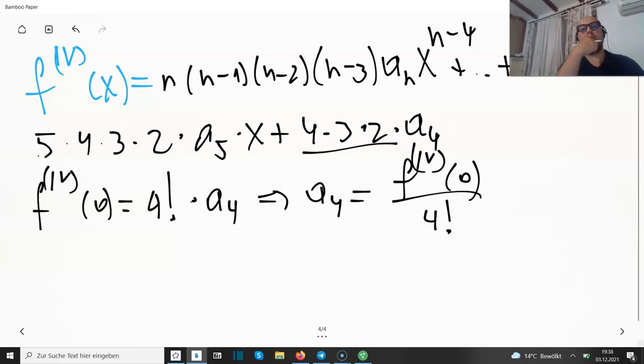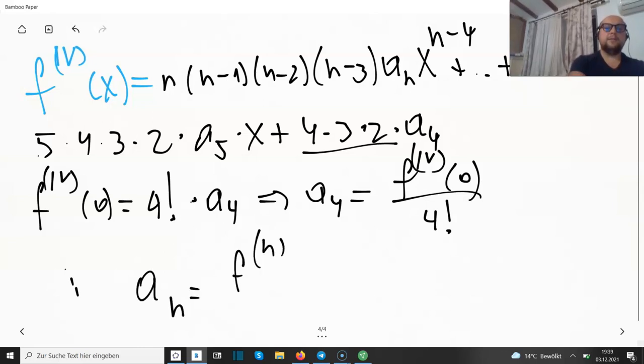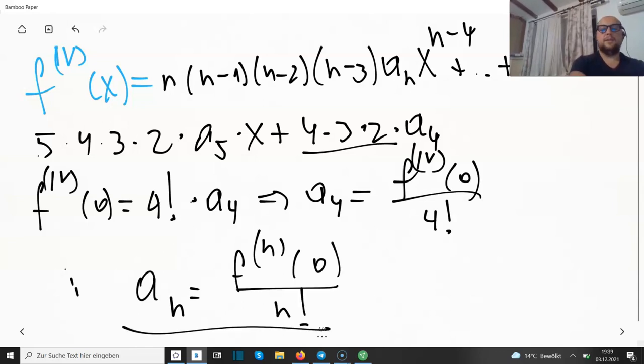And if I keep on going this way, at the end I would have an equals the nth derivative at 0 divided by n factorial. So this is the main idea. If we keep on going like this, we can approximate our function almost perfectly.